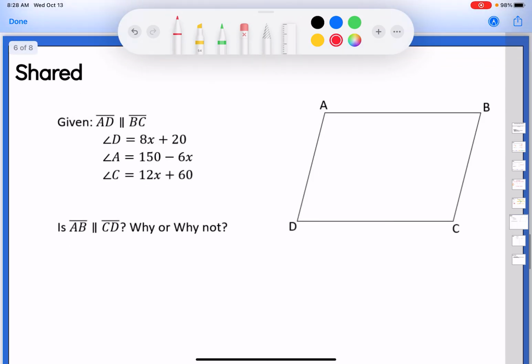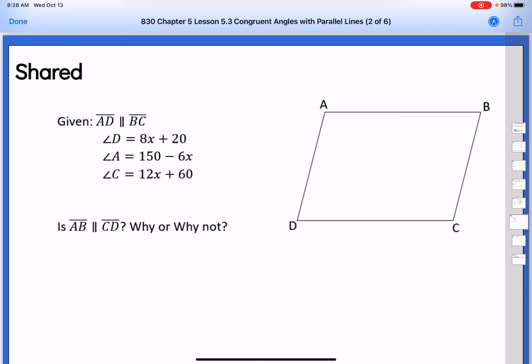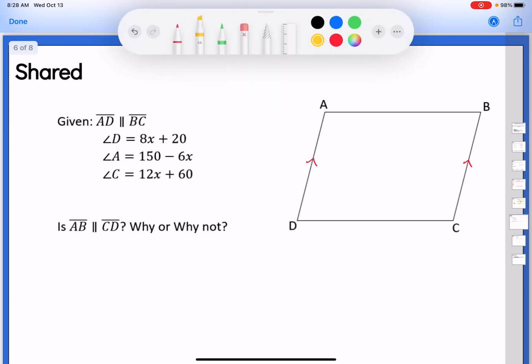All right, how about another situation here? So let's see. Got our quadrilateral going, and I know that AD is parallel to BC. AD is parallel to BC. And boy, I tell you, highlighting just really, really helps me. So I know that these two lines are parallel. Okay.